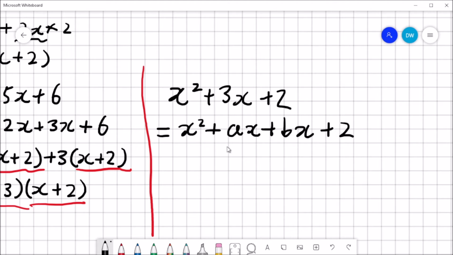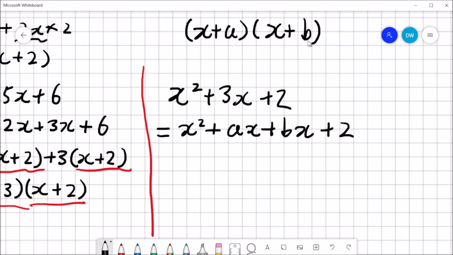This is what we end up with, and our ultimate objective is to find something that will satisfy x plus a times x plus b.